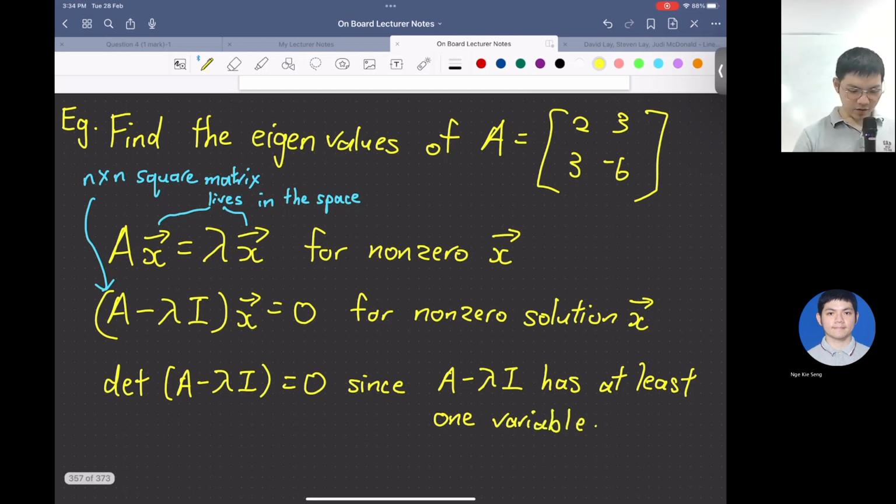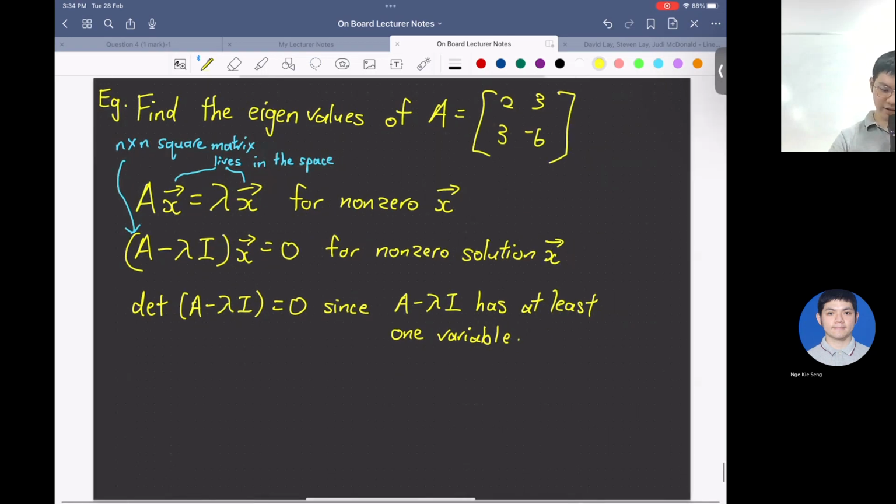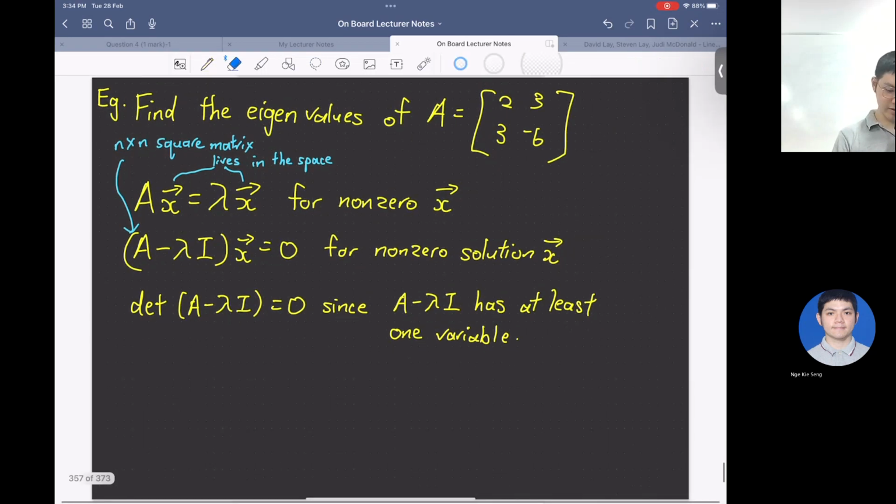Okay, so let's use this condition, see if it can help us or not.